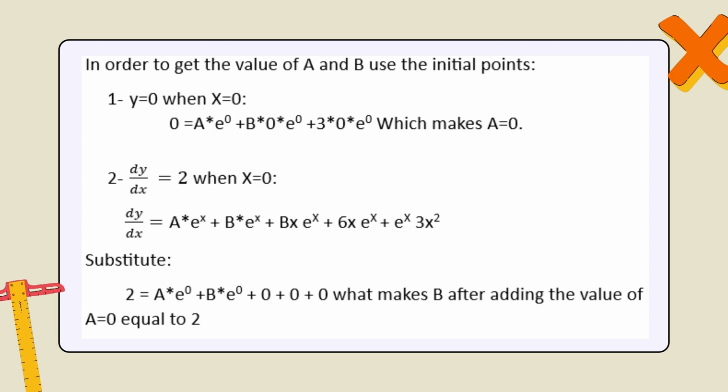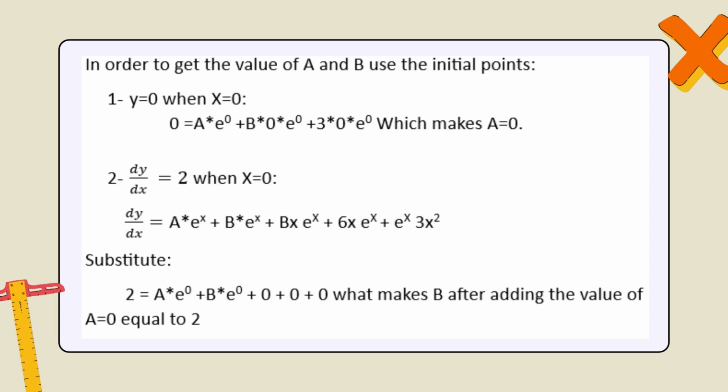Next, we have another point in order for us to find b. So we need to derive first, then substitute, because dy over dx equals 2.